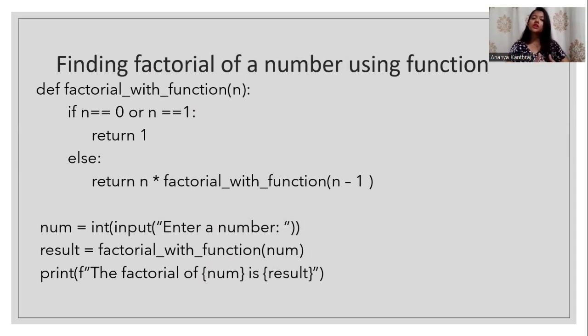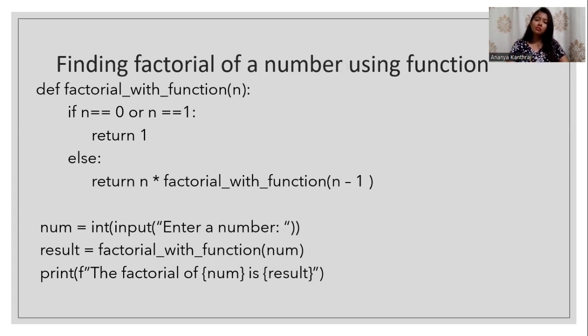So first, we're going to define the factorial function, say factorial(n), with a colon. Next, we're going to take the if statement, if n equals 0 or n equals 1, colon, and return the value of n. Else, return n into factorial(n minus 1).